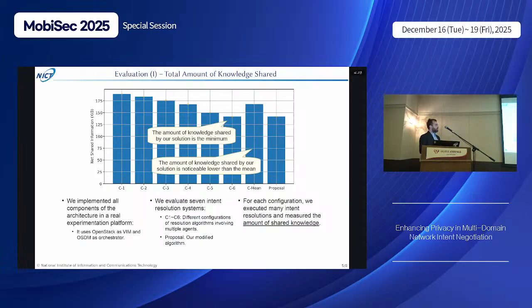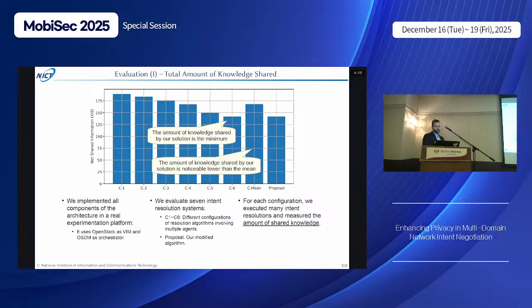With the previous algorithm, we see here from C1, configuration 1, to configuration 6, different amounts of information shared, because depending on the position of the agents in the network, we can end up sharing more or less information. With our proposal, we make sure that the minimum amount of information, as we can see here, is achieved, in C6, using the find next agent algorithm I presented before.